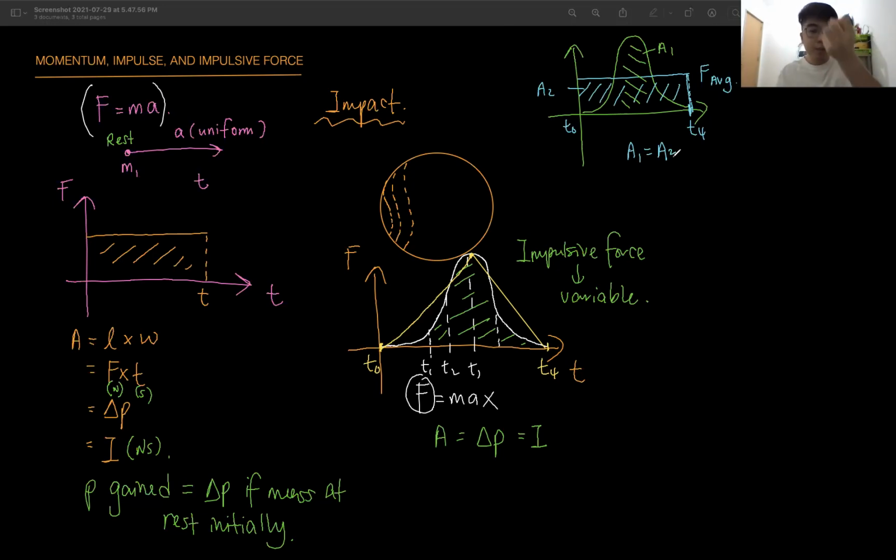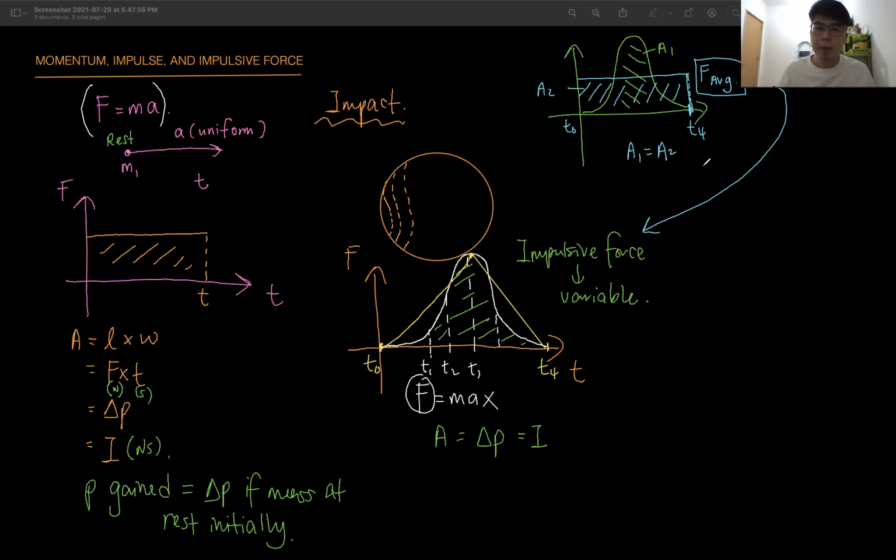So the change in momentum must be the same. That's why the area has to be the same. Imagine you take the bell curve graph down and change it to a square graph. This line is your average force, and we call it the impulsive force. So impulsive force is actually the average calculation of a variable force.